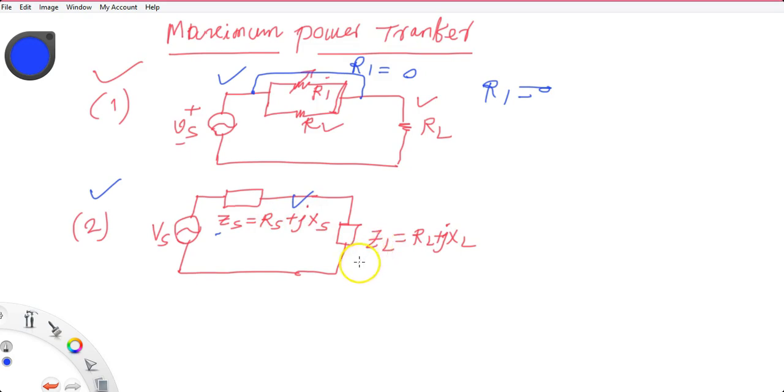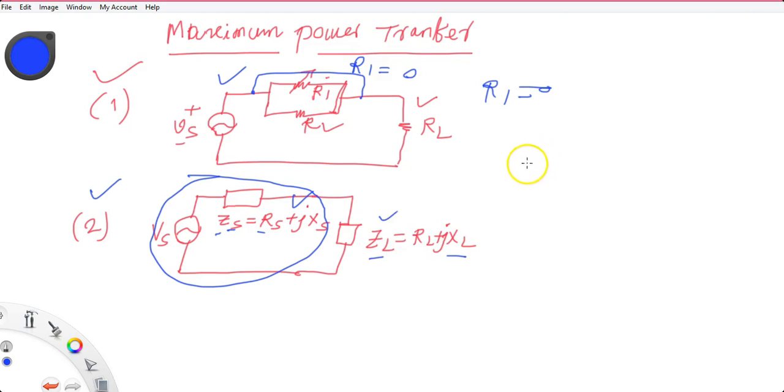Next case, here we have a source impedance which is represented by Rs plus jXs, and a load impedance which is represented by RL plus jXL. Always remember, we cannot modify the source impedance because the source impedance is fixed to the source Vs. So we cannot modify it, but we can modify our load impedance.